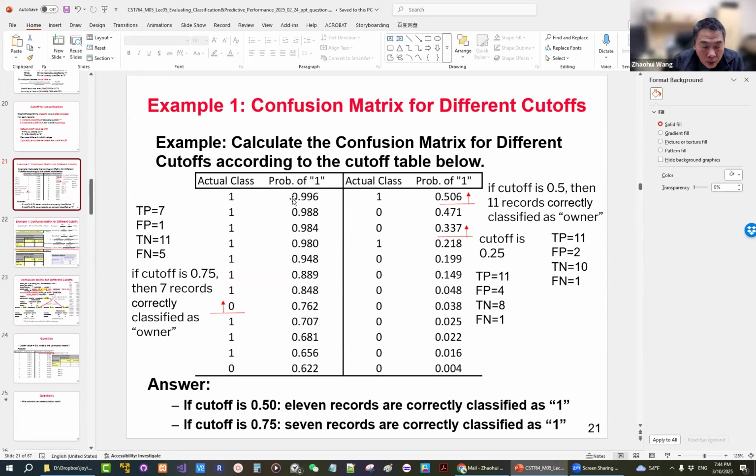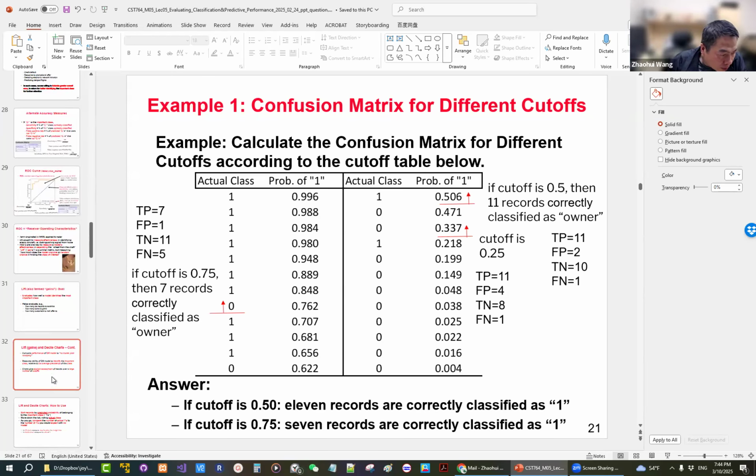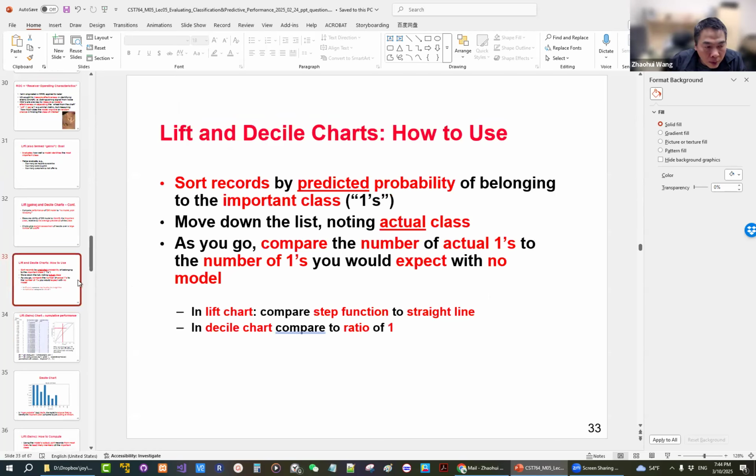The high value will be more important for the case, because they have a higher possibility to be classed as 1. So we can make a sorting of the cases. We'll realize this one table. Then we can move down the list.